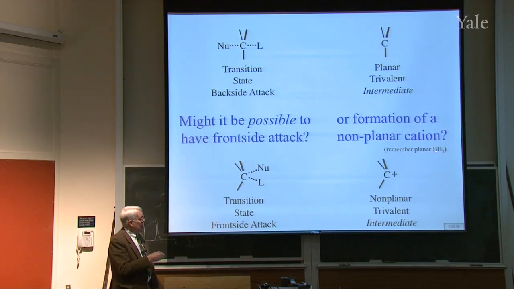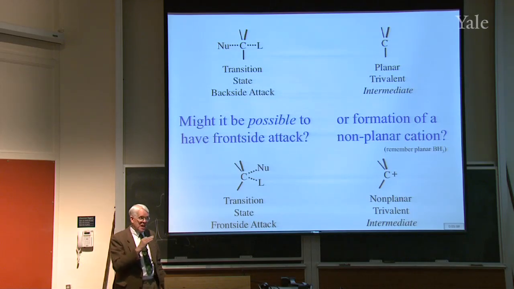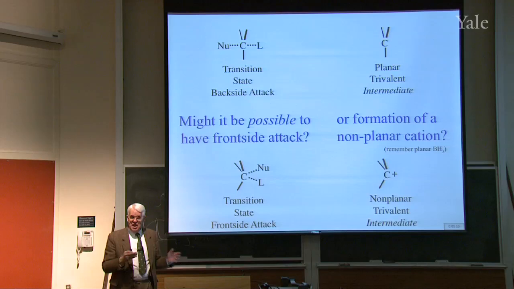But remember that BH3, which has the same electrons that CH3 plus does, remember we talked last semester about XH3, that when that's a cation, or in BH3, you expect it to be planar. But still, might it be not too bad to have it bent, okay?